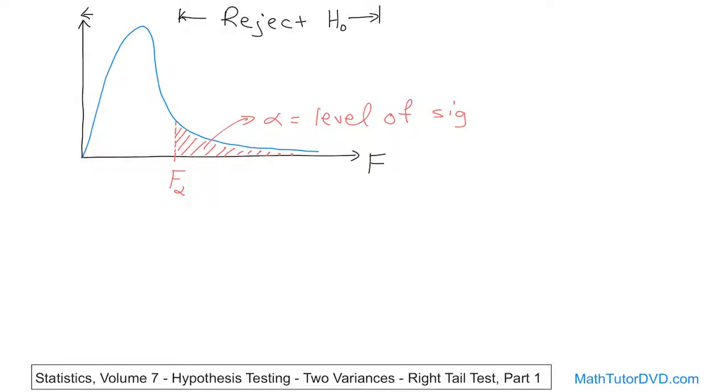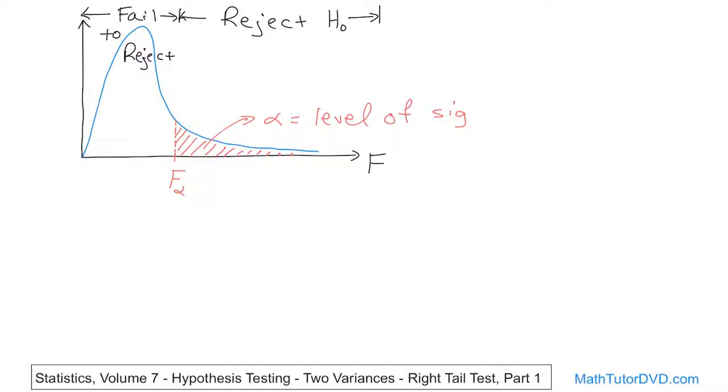If you get a value in your test statistic over here, you will fail to reject the null hypothesis. Essentially, the problem is going to give you enough information to figure out what F sub alpha is, and then your data is also going to give you enough information to figure out where your test statistic lies. If you get a test statistic anywhere over here, then you're going to have enough evidence at this level of significance to reject the null hypothesis. And if you get a test statistic from your data over here, you're going to fail to reject that null hypothesis.